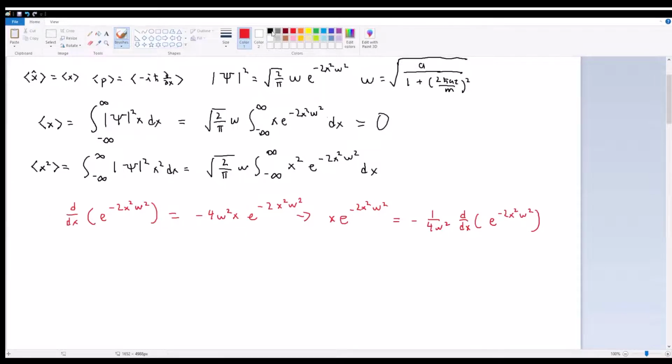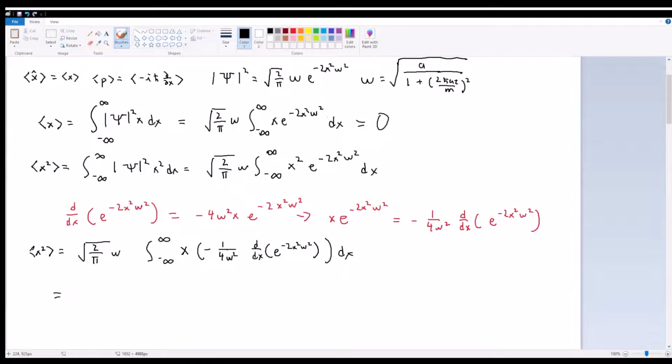So we can rewrite the expectation value of x squared to equal square root of 2 over pi times omega at the front, and then our integral from negative infinity to positive infinity of x multiplied by negative 1 over 4 omega squared times d by dx of e to the negative 2x squared omega squared dx.